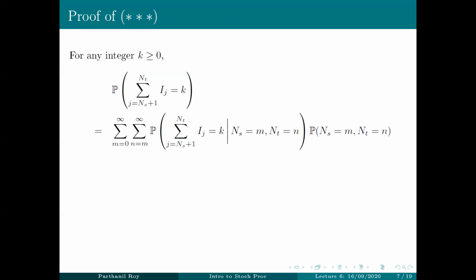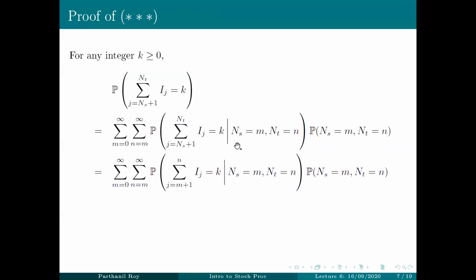Now that we know N_s is equal to m and N_t is equal to n, this sum here, which was a random sum, is not a random sum anymore because N_s is equal to m. So this will run from m plus 1 to n for each summand here. Now you will use the fact that these I_j's are completely independent of the process.